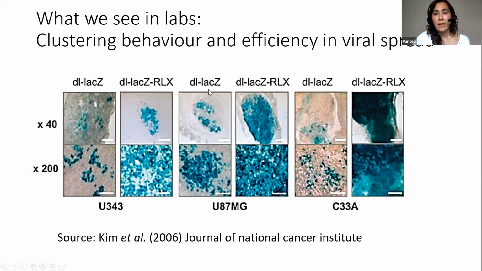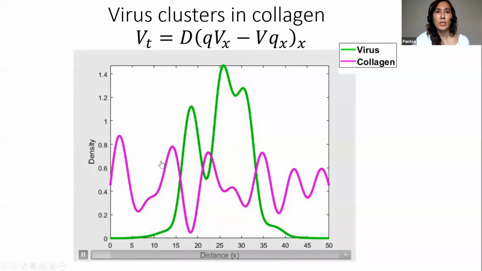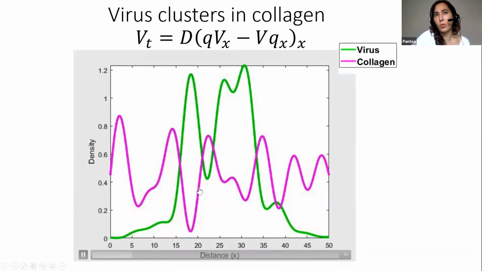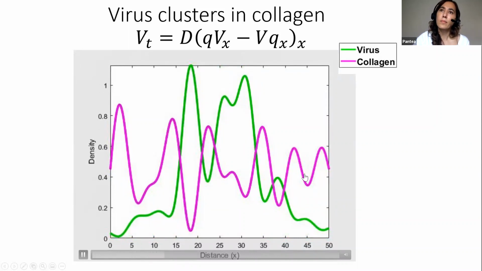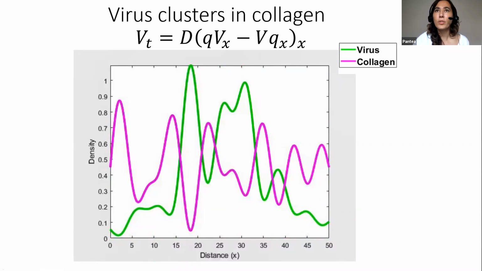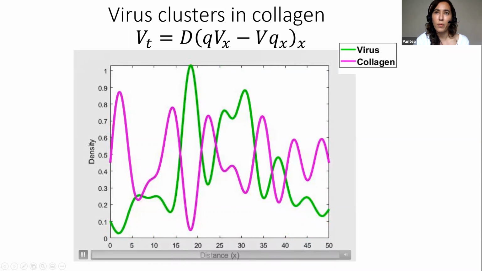So if we now use our little model with just virus diffusion, and this is a more heterogeneous collagen distribution, we start to see this kind of clustering behavior coming through.